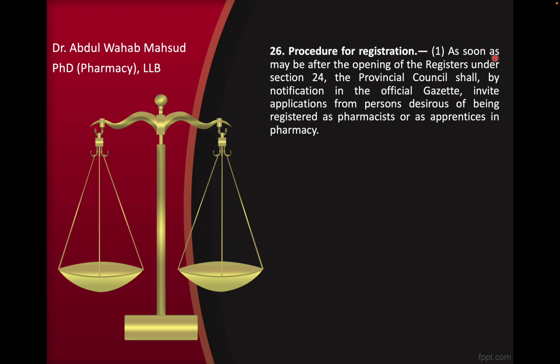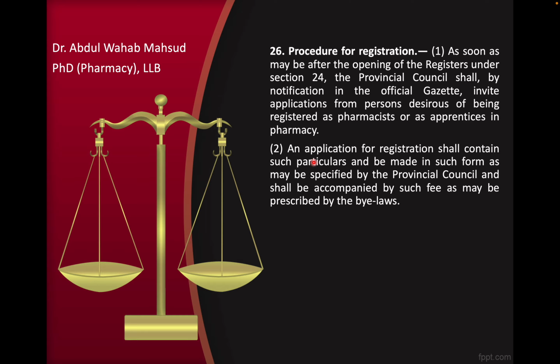Subsection number 1. As soon as may be after the opening of the registrations under section 24, the provincial council shall by notification in the official gazette invite applications from persons desirous of being registered as a pharmacist or as apprentices in pharmacy.